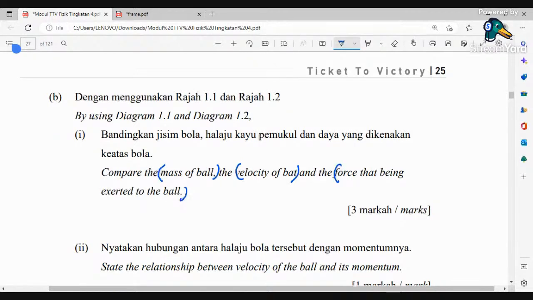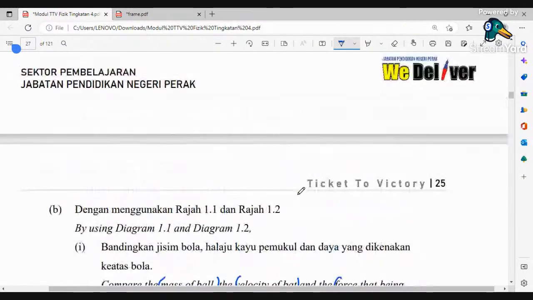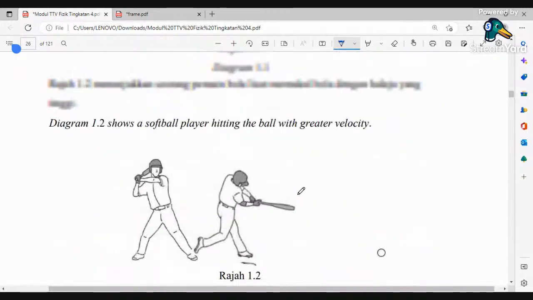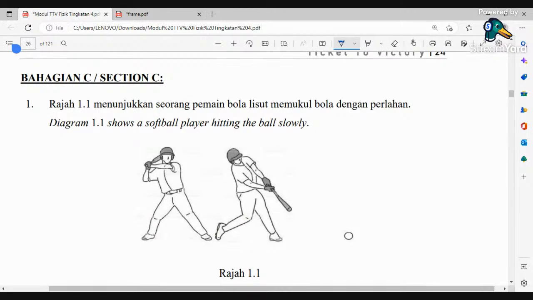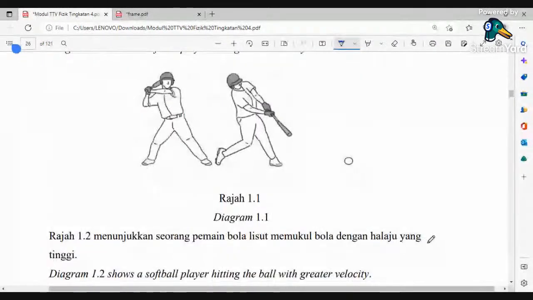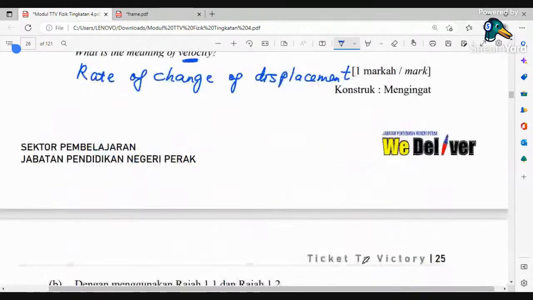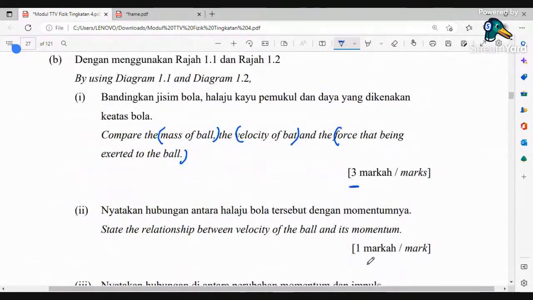Okay. Compare mass of the ball. Okay, pertama. Mass of the ball in both diagram are same. Okay, sama. A softball player hit, dia tak ada mention change in mass. Okay, so kita punya mass sama. Okay, you boleh tulis point yang pertama.